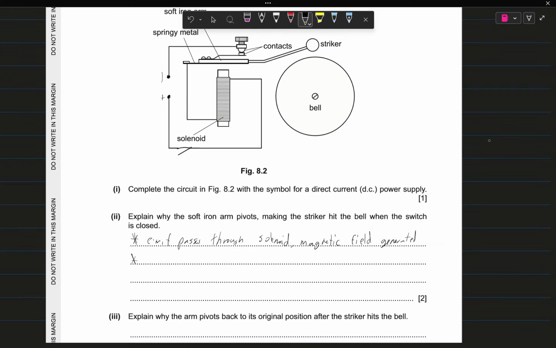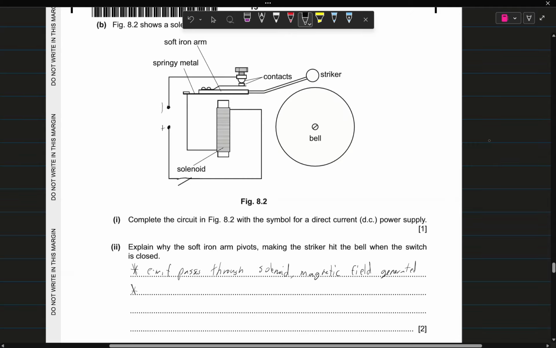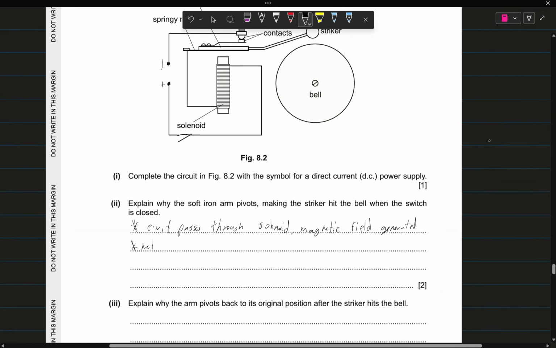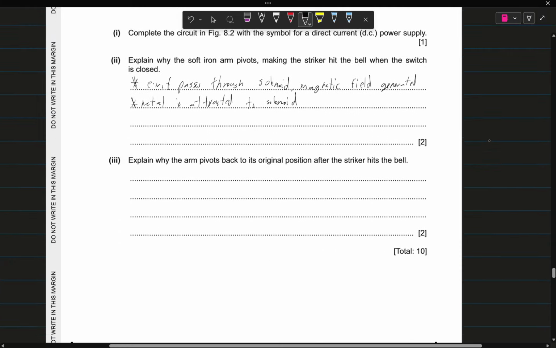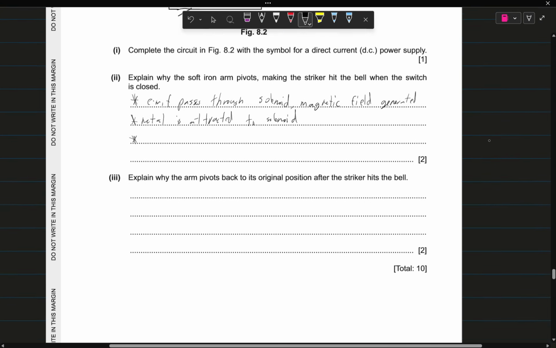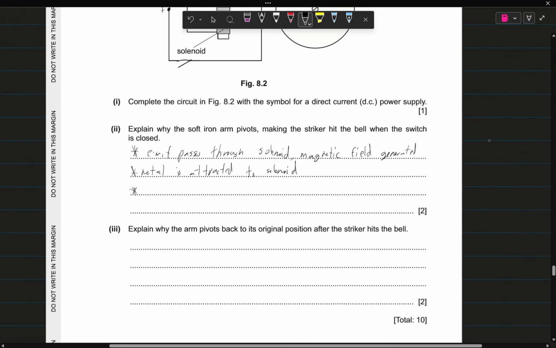And this will cause the metal to just be attracted to the solenoid. So metal is attracted to solenoid. Because after all, it acts as an electromagnet. So this is the first part here, and of course this will mean that the striker will hit the bell, but I don't think that's necessary to write.